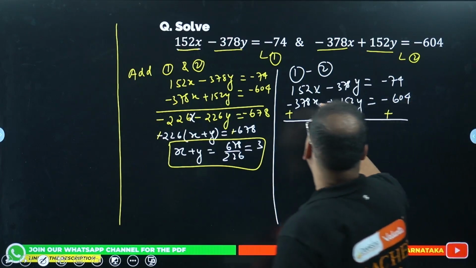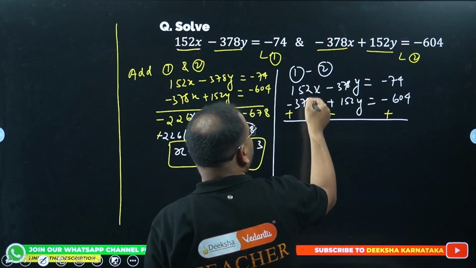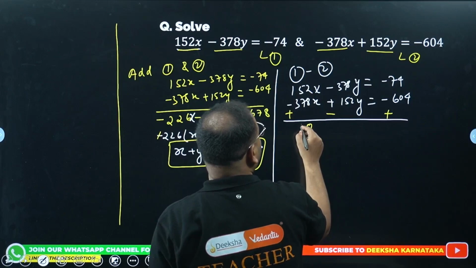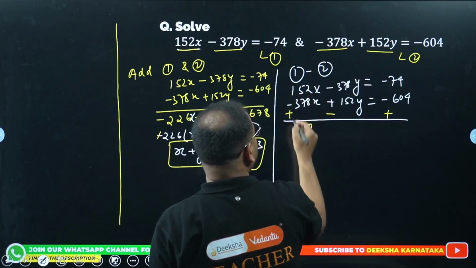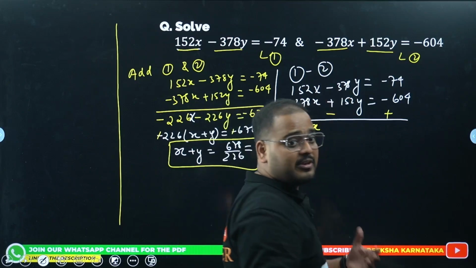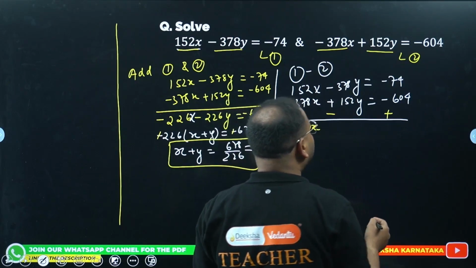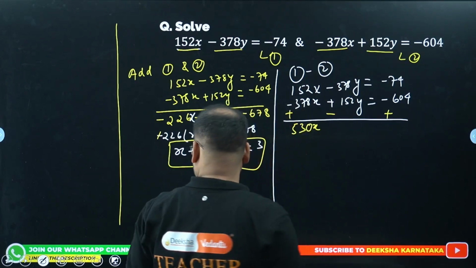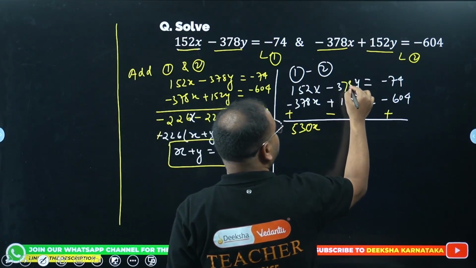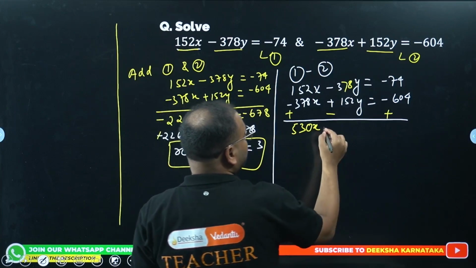What are we getting? We have to add it here, right? It will become 8 plus 2 is 10, 7 plus 5, 12, and then it will become 3, carry is there, 3 plus 1, 4, 530x. Both are minus, we can add again. So 378 and 152. What is that going to be?